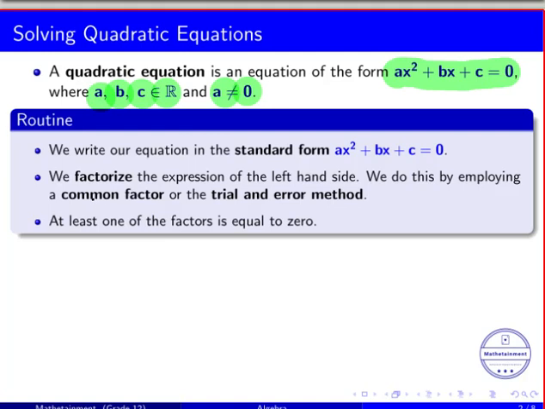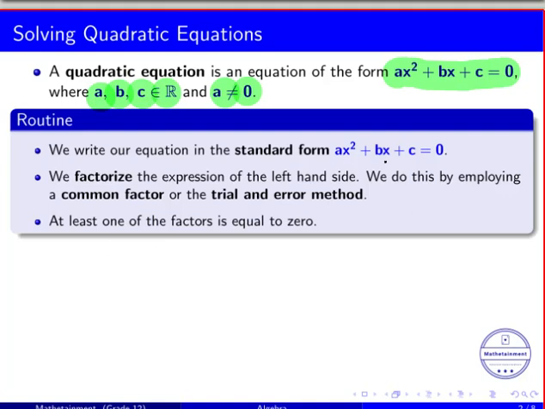And then we incorporate the first lesson where we factorize the expression on the left-hand side of our standard form. We do this by employing either a common factor or the trial and error method, which we learned about in the previous lesson.